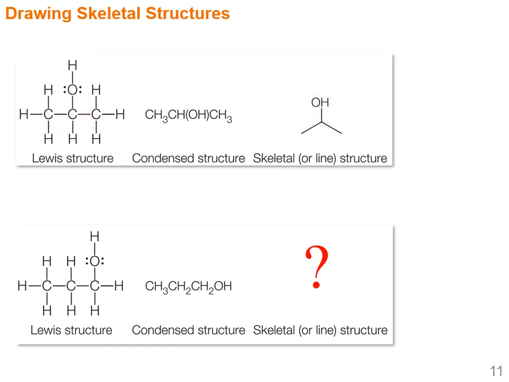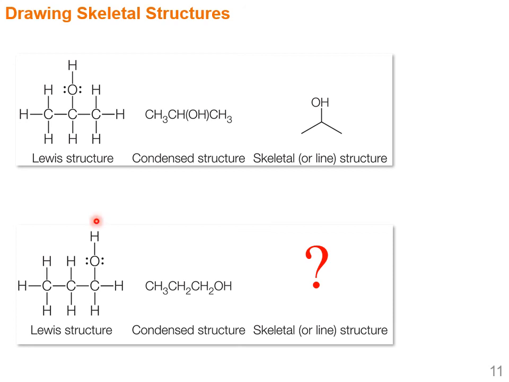Those are shown by 3 points and 2 lines. Remember, at the end of each line, there's a carbon atom. Carbon 1, carbon 2, carbon 3. And in the Lewis structure, the second carbon contains an OH. So attach that OH to the second carbon to get the skeletal structure.